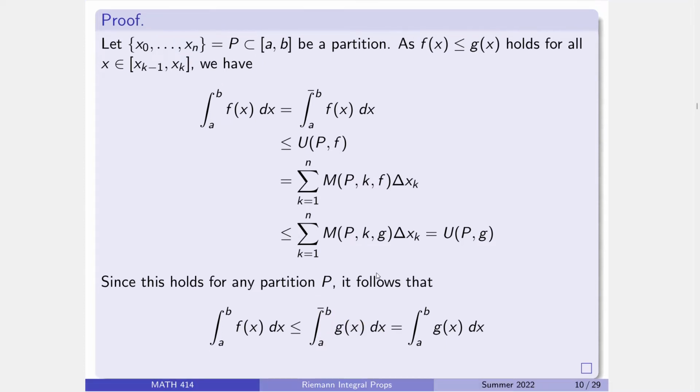Now note, we could have proven this for upper and lower Darboux integrals, but we didn't because again, our focus is the Riemann integral. In fact, if you wanted to, you can develop a bunch of the theory of integration using the upper and lower Darboux integrals. You're not going to get everything, but you'll get some monotonicity. You will get additivity.